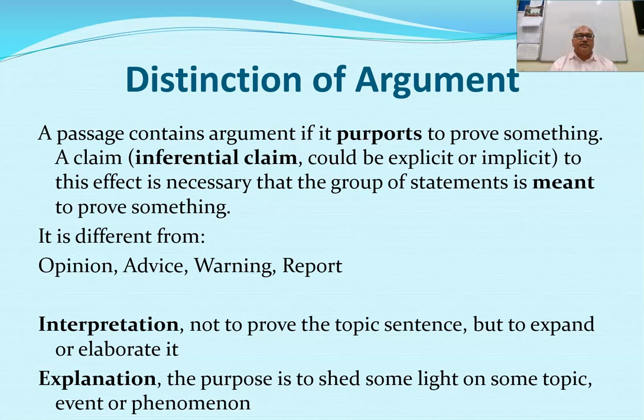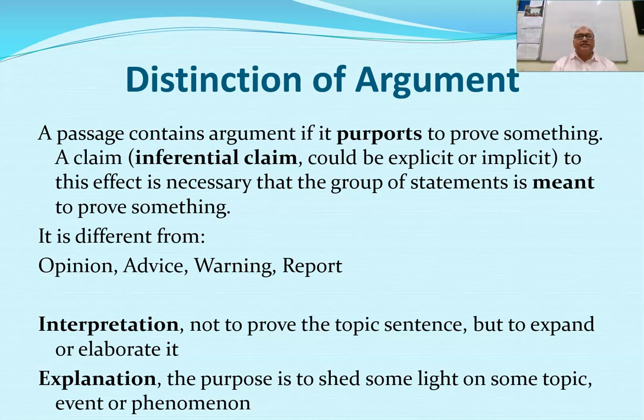Now, a very common tendency among us is to confuse argument with interpretation or explanation. Therefore, it is necessary to understand what interpretation is. Remember, interpretation is not meant to prove any sentence or topic. What interpretation does is expand or elaborate the point in question.